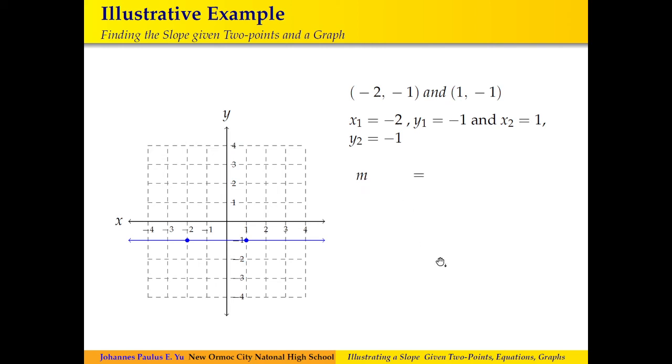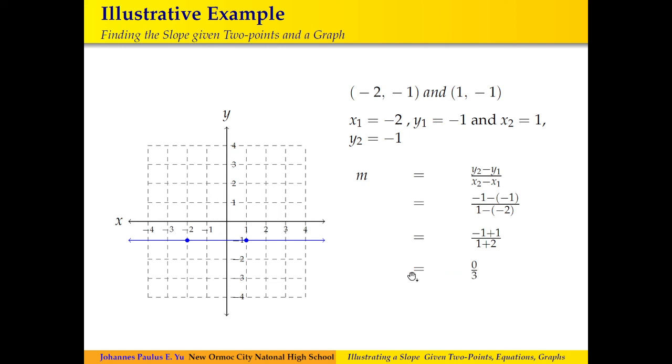Using the slope formula, y sub 2 minus y sub 1 all over x sub 2 minus x sub 1. Then substituting, y sub 2 is negative 1 minus negative 1, so enclosed in a parenthesis. All over x sub 2 is 1 minus, okay, enclosed in a parenthesis, negative 2. So this becomes negative 1 plus 1 all over 1 plus 2. So for the denominator, we have 3, but for the numerator, we have 0 over 3.